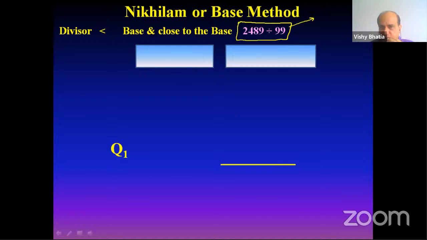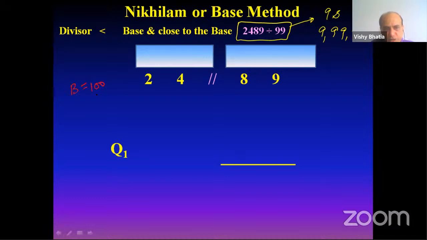This particular 99 is also called the series of nines. And I'll leave it to Charan to tell you how to divide by 999, 9999. These are specific cases, like you had in multiplication. This is my number, 24 by 89. My base here is 100.